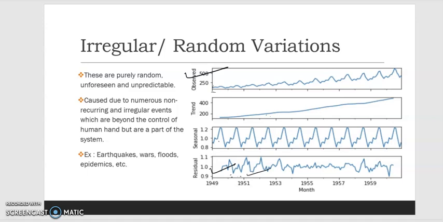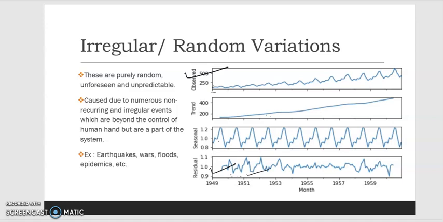So what causes these irregularities? It can be any natural causes which cannot be controlled by a human hand. For example, it can be a change in the temperature. It can be earthquakes, wars, floods, epidemics, pandemics. Now, corona, we did not really expect corona to be existing.